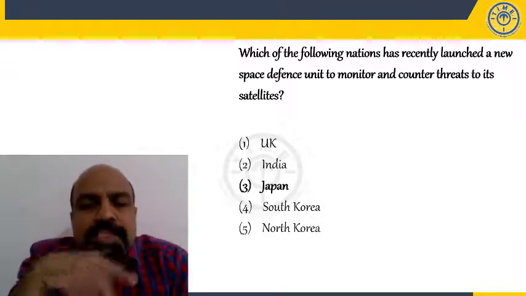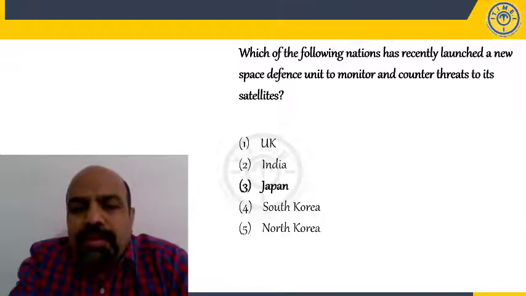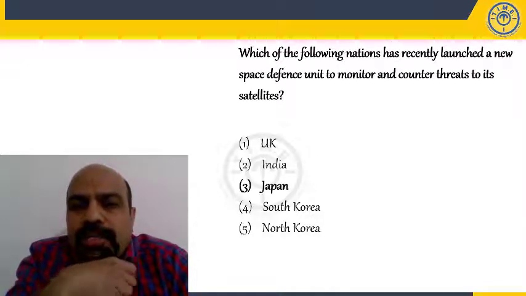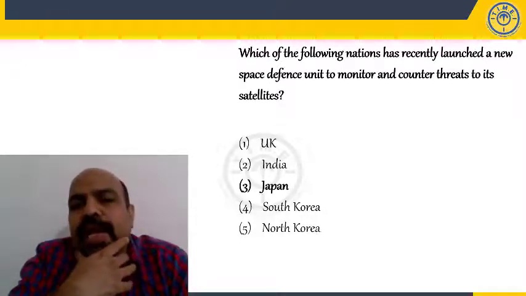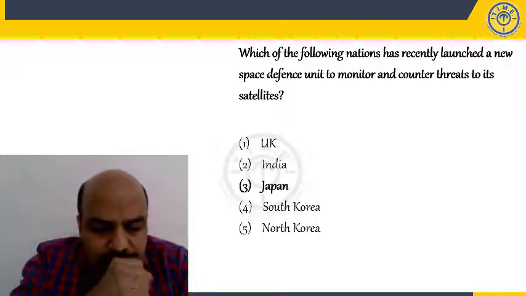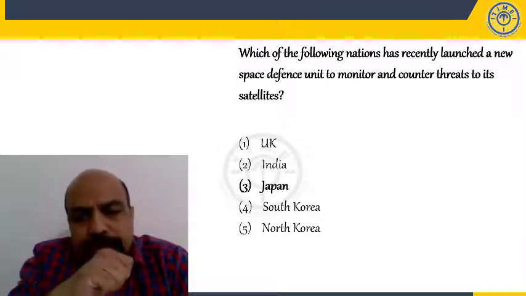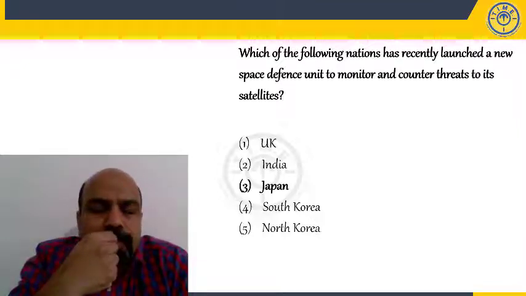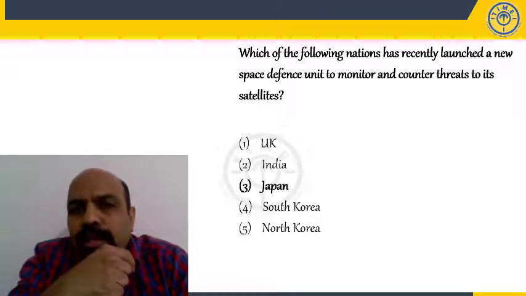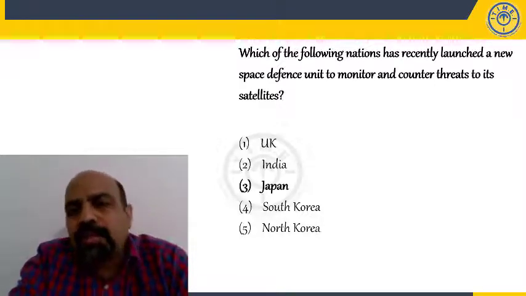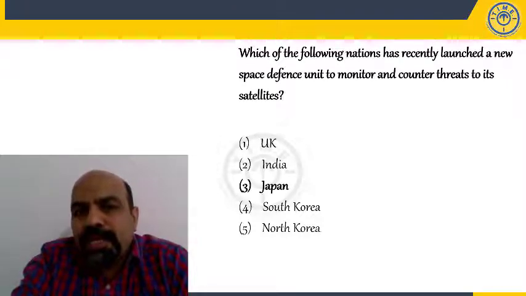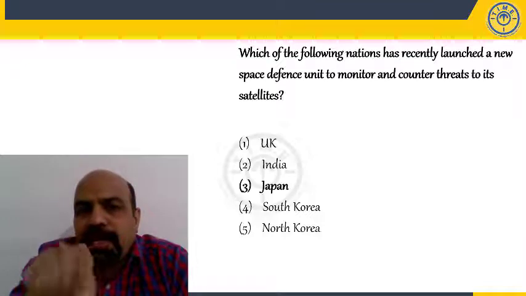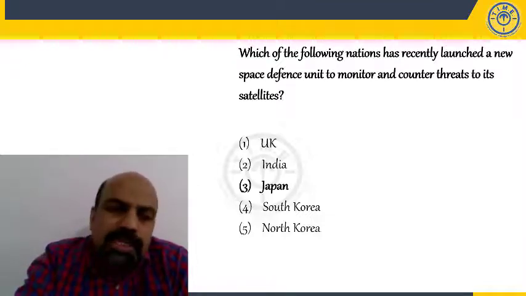Just एक बार एक काम करते हैं, इनके लीडर के नाम ले लेते हैं. जापान डैश शिंजो एबी, Shinzo Abe. साउथ कोरिया, मून जे इन. Moon Jae-in.